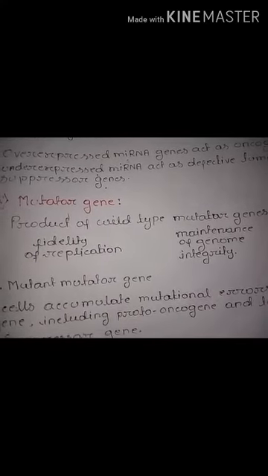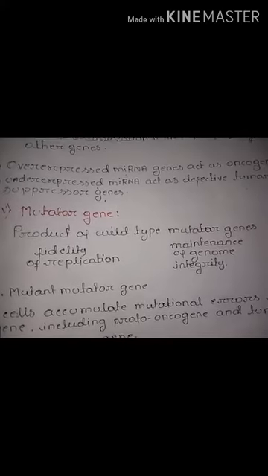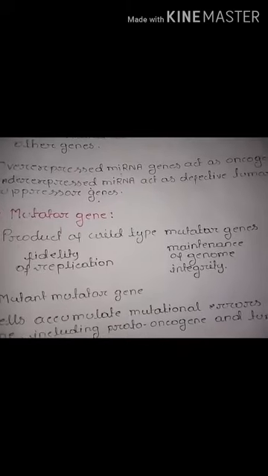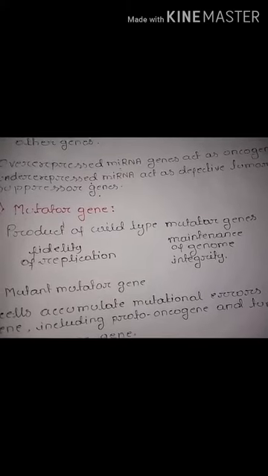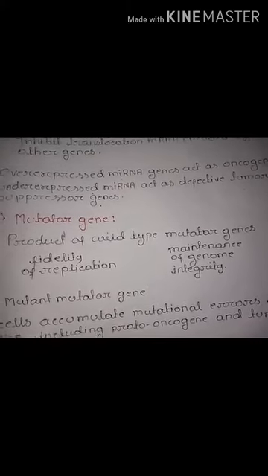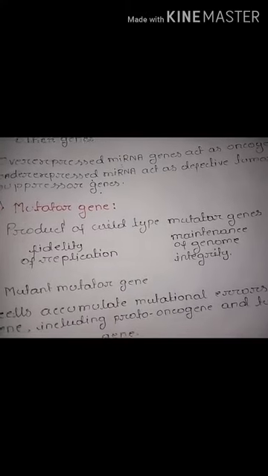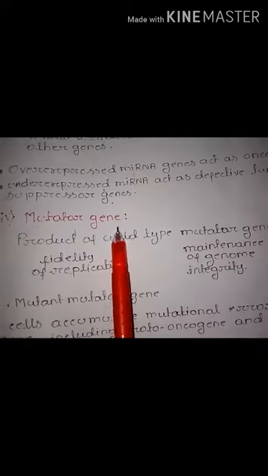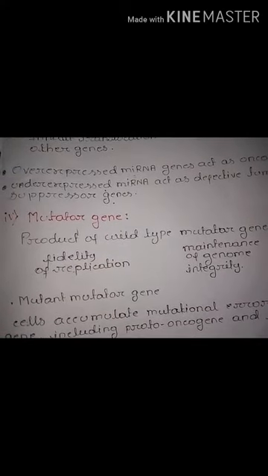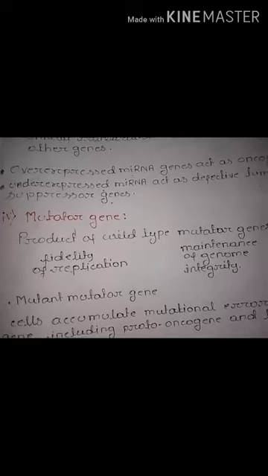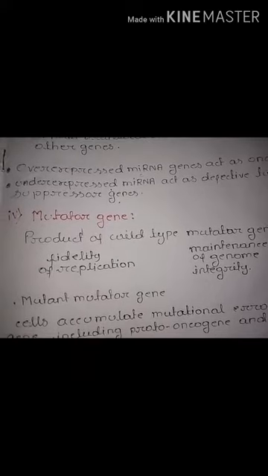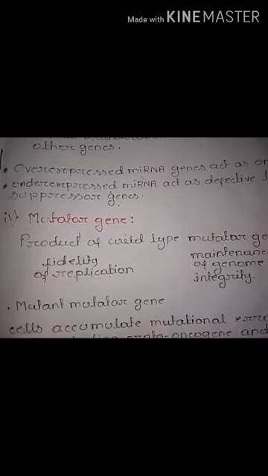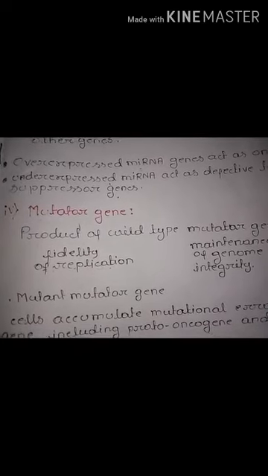There are also several repair mechanisms and proteins that help in the repair of replication errors. So the mutator gene helps in error-free, not actually error-free, less-error replication, or the fidelity of replication; whenever an error occurs, the mutator gene helps in the repair process.